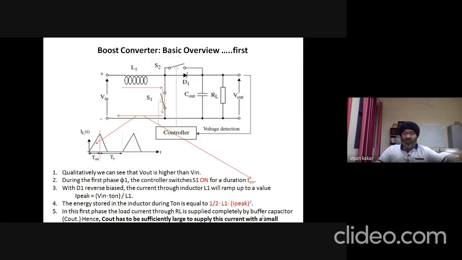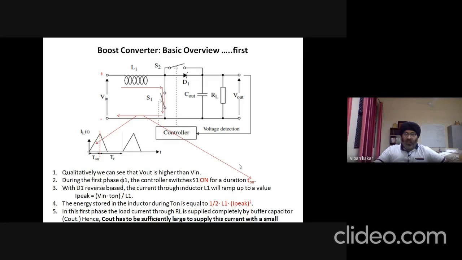Now in this first phase, the load current through this load RL is supplied by this buffer or filter capacitor C out, which was initially charged. So this C out has to be sufficiently large to supply this amount of current to the load RL.